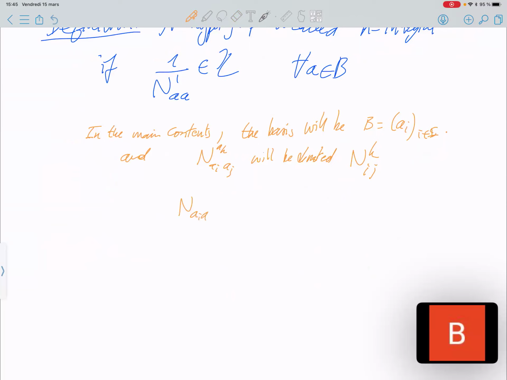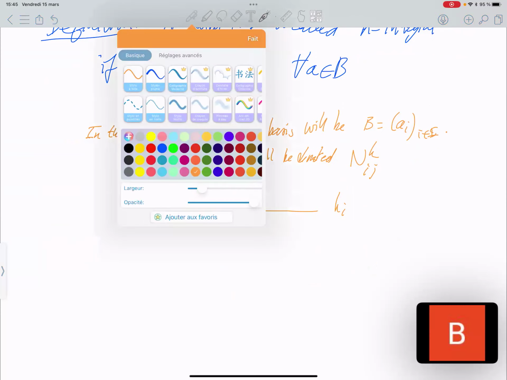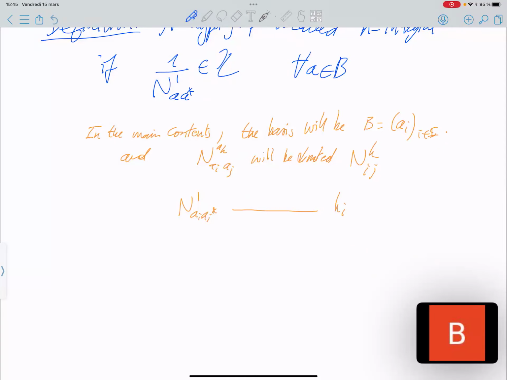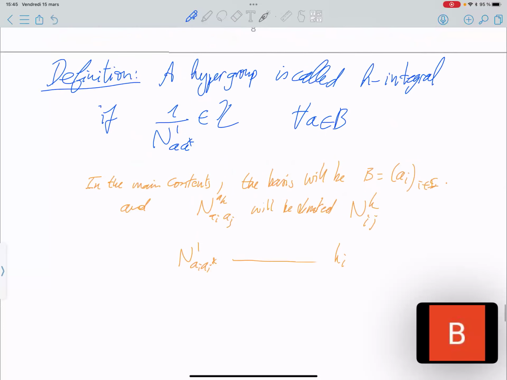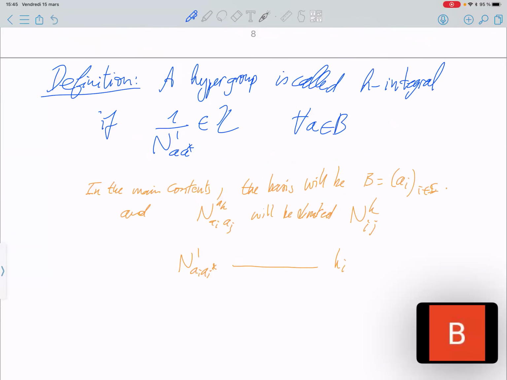So here it's AI star 1 will be denoted HI. And here it's AI star. Anyway, so we have the coefficient of 1 for the multiplication A and S star, and you take the inverse. And this is what we will call this coefficient.